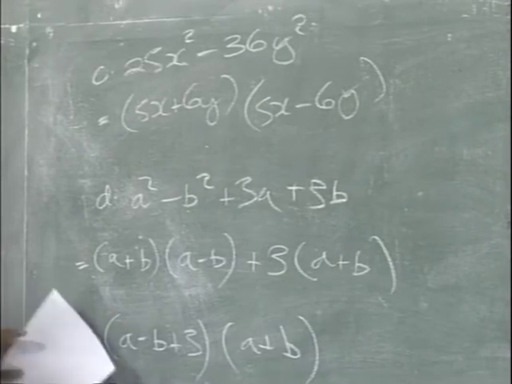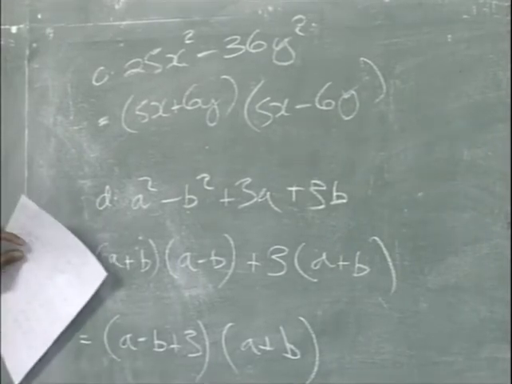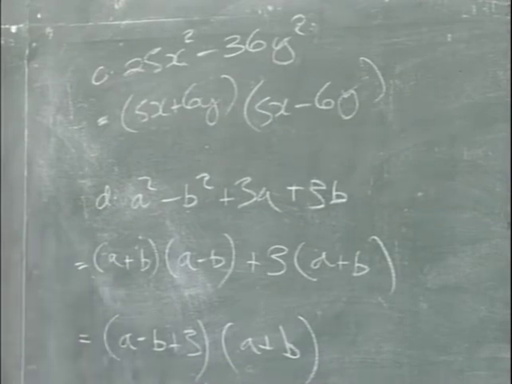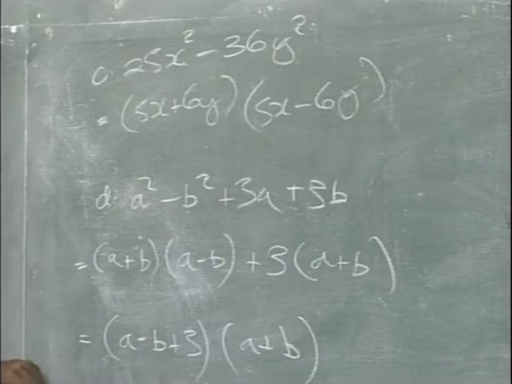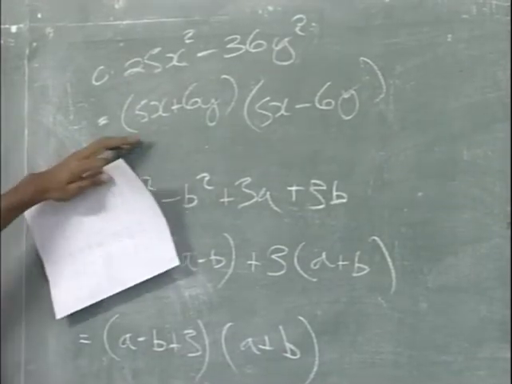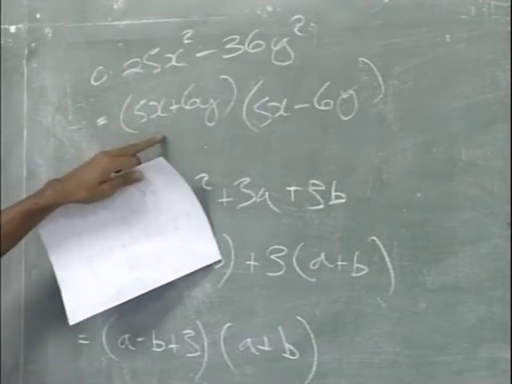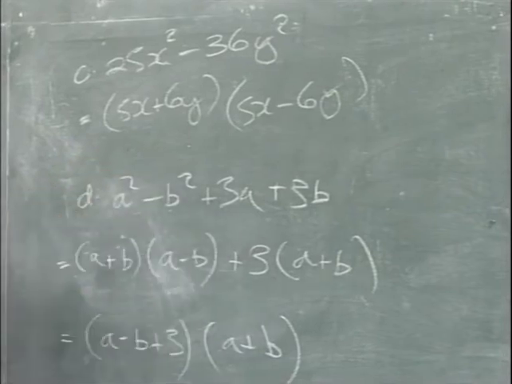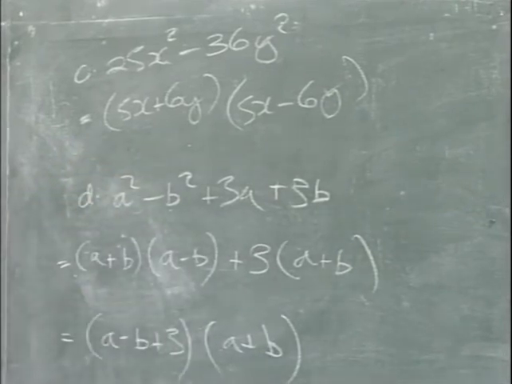Let us see. I used the difference of two squares method to factorize this question. In this method, you find the square roots of the expression and then you add the two, and then you subtract.